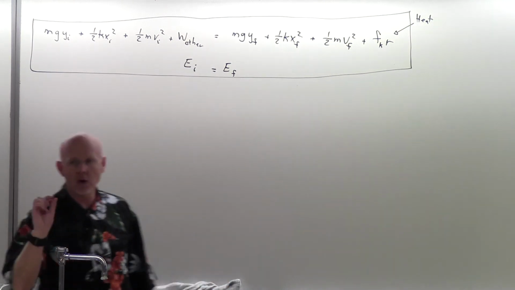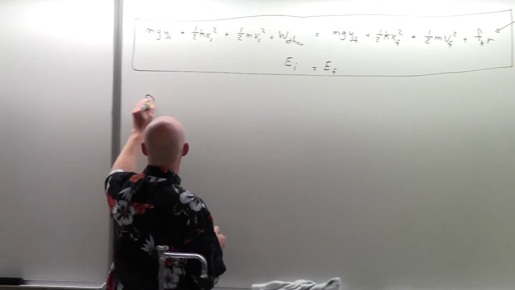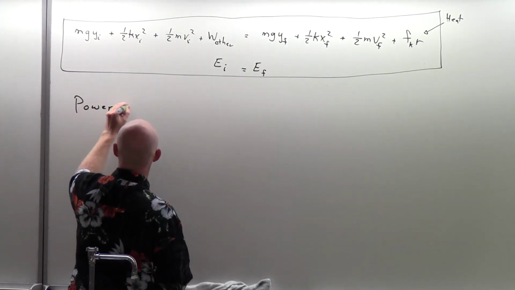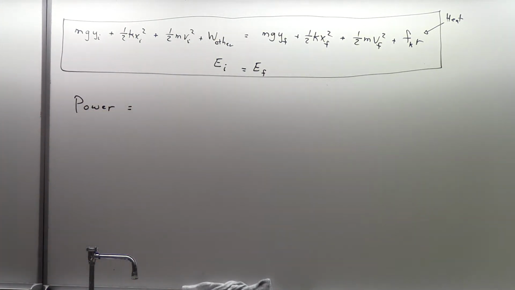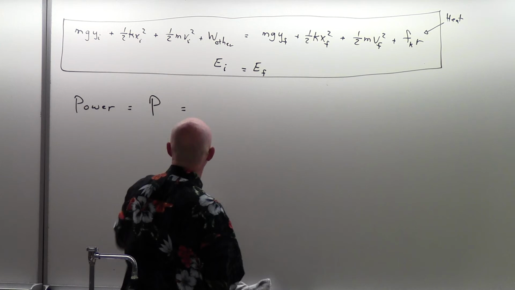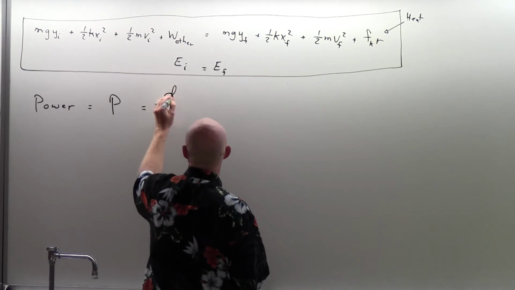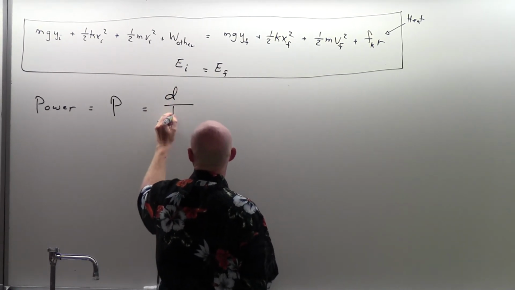I do want to say one more little thing before we finish, and there is another word we should probably throw out here. It shows up here in chapter 8, power. We'll use the symbol capital P for power, but here's the definition. It is the rate of work.